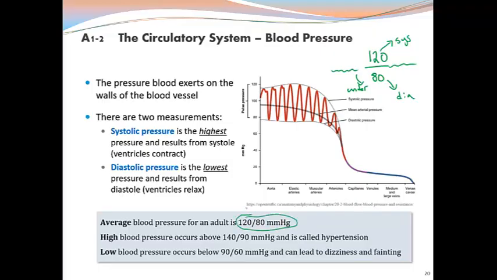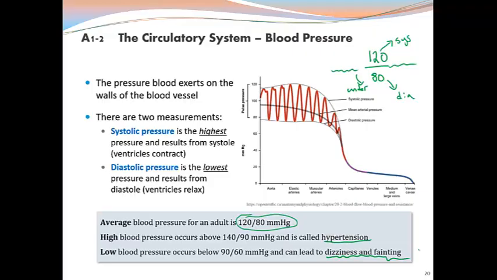High blood pressure, called hypertension, occurs when it's above 140/90, and low blood pressure is usually when we consider something 90/60. Low blood pressure leads to dizziness and possibly fainting, but keep in mind that these numbers are not always going to be exactly those numbers.